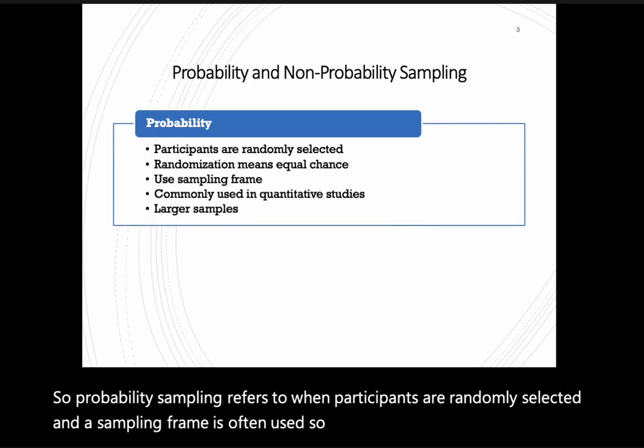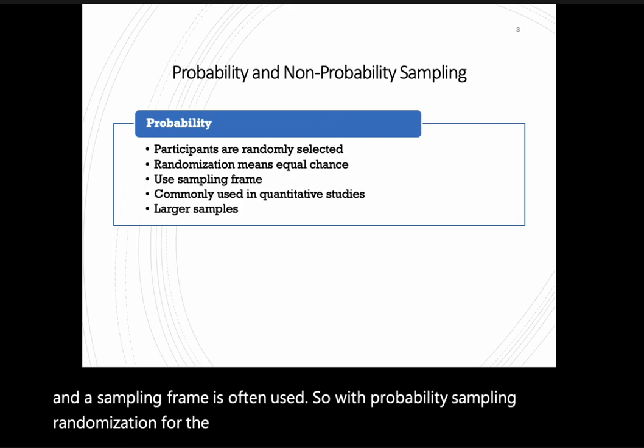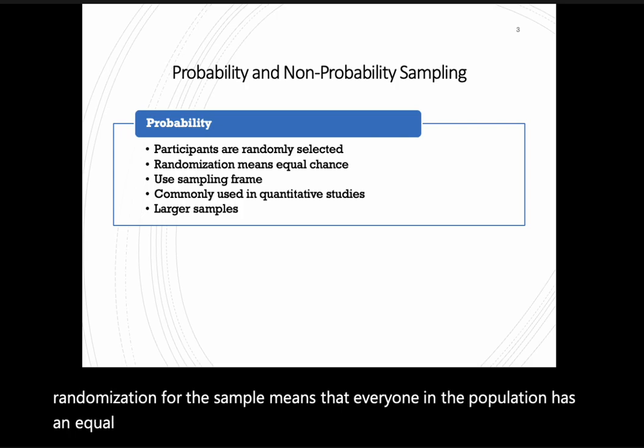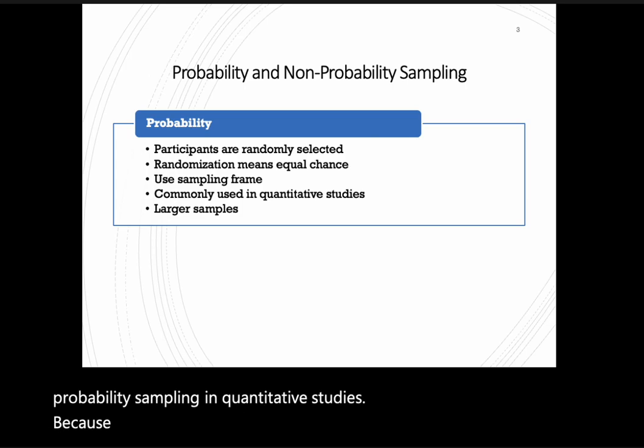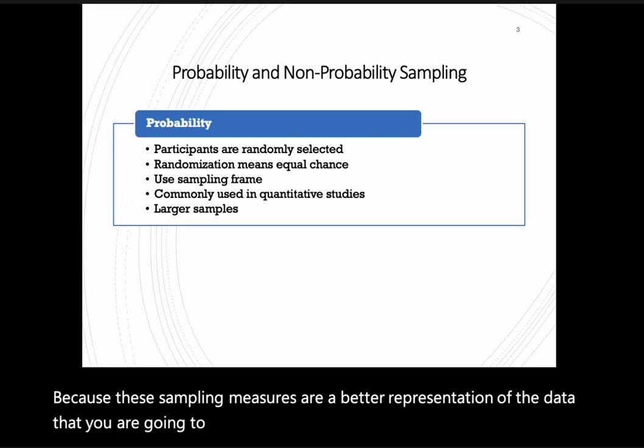With probability sampling, randomization for the sample means that everyone in the population has an equal chance of participating in the study. It is common to use probability sampling in quantitative studies because these sampling measures are a better representation of the data that you are going to be gathering.